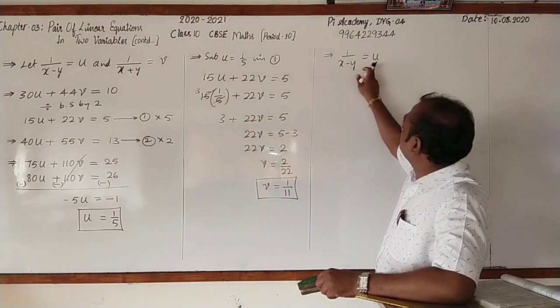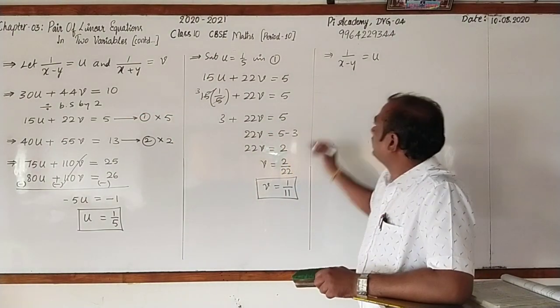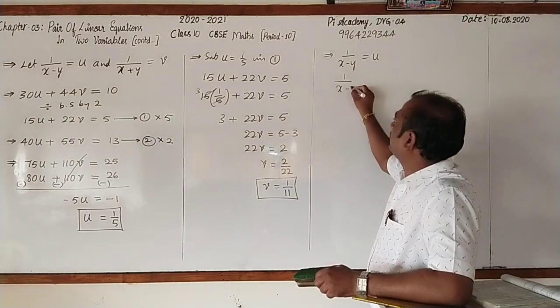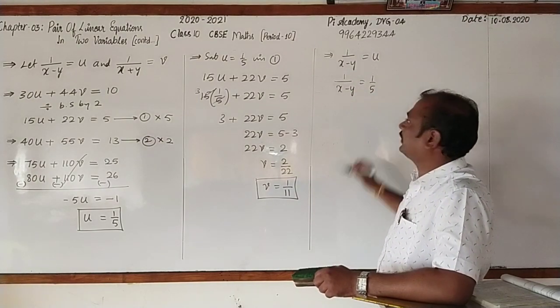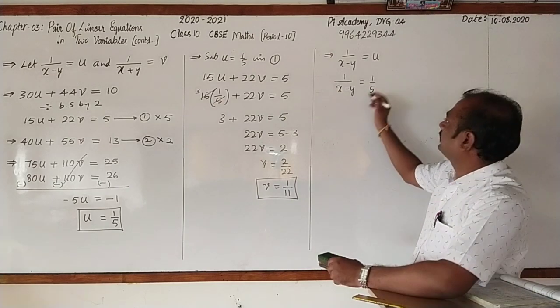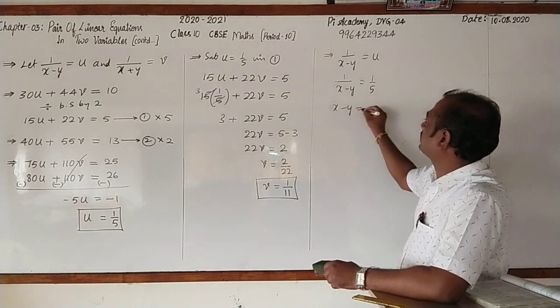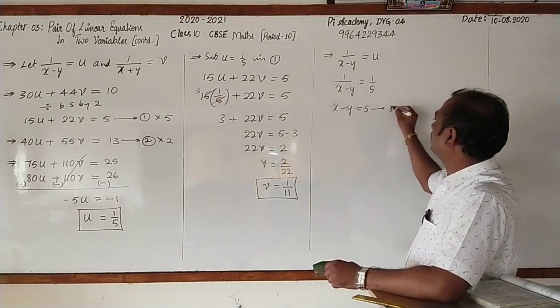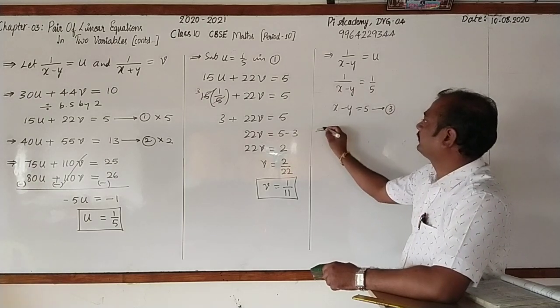Then what is U? U is 1 by 5. So 1 by X minus Y is equal to 1 by 5. Cross multiply. You will get X minus Y equal to 5. You may call it equation 3.